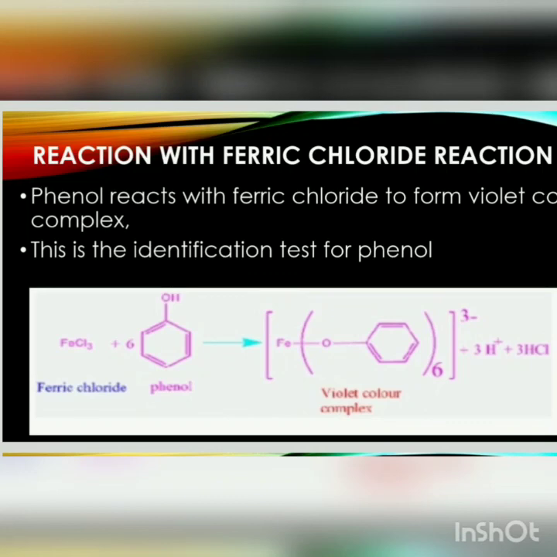So in this class we learned about the preparation of phenol. We have 3 preparation methods: number 1 is from diazonium salts of aniline, second is from benzene sulfonic acid, and third is from cumene hydroperoxide.